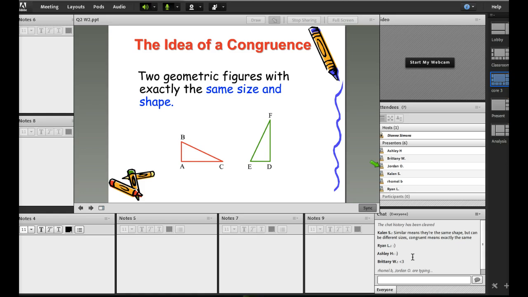Okay. Yes. Good, Kaylin. So they are the same shape, right? One of the problems showed you a square and the other shape was a rectangle. Those are not similar because they're different shapes, right? What makes them similar? It's the same shape, but a different size. But if you have a right triangle and an obtuse triangle, are these things similar?